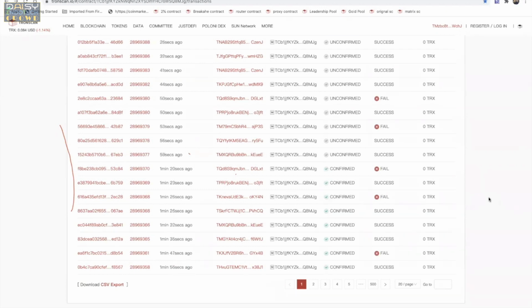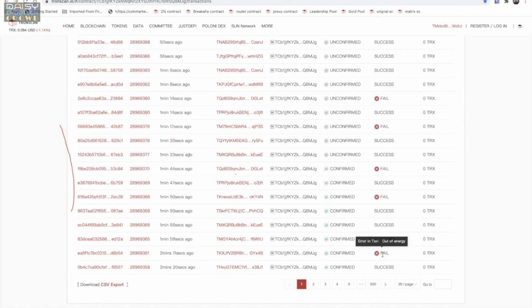It has nothing to do with the smart contract or Daisy, but it's congestion on the Tron network. When that happens, that member will be charged the fee limit for that transaction, and the fee limit is 150 Tron. So there are instances where members have a legitimate timeout, and it costs them 150 Tron.